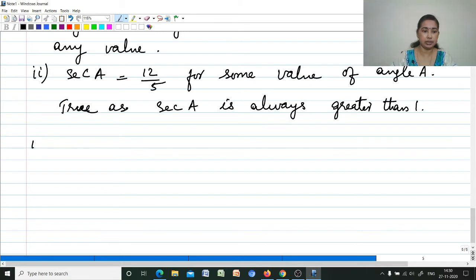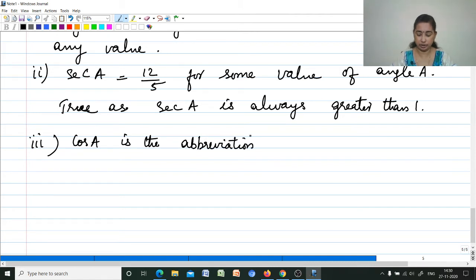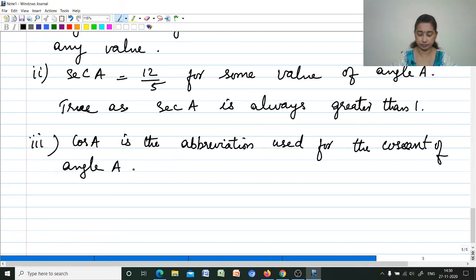Now, third sub question. Third one, cos A is the abbreviation used for the cosecant of angle A. Cos A is the abbreviation for cosine, not for cosecant.